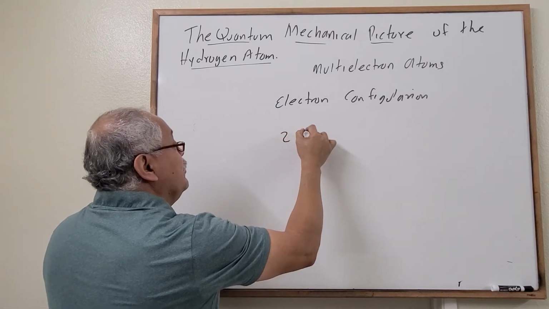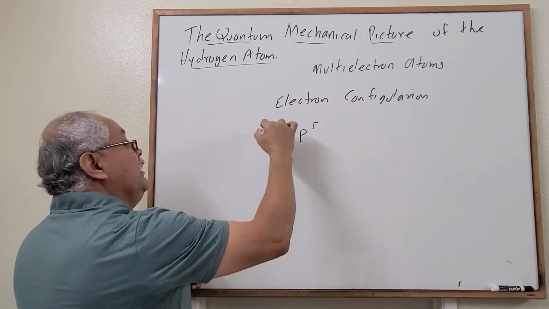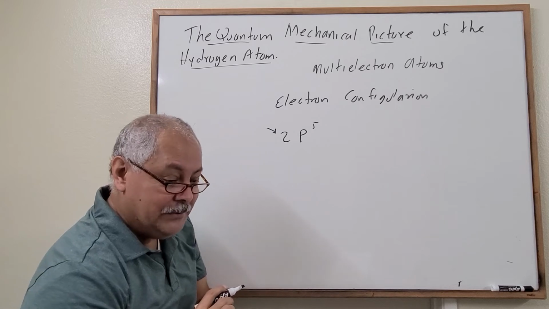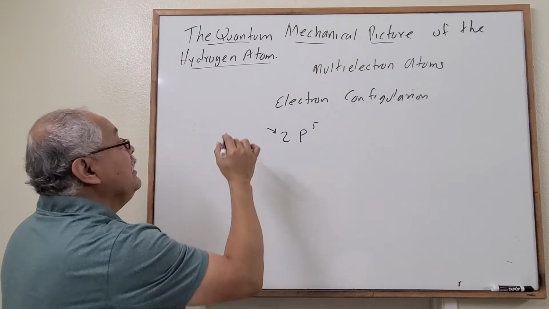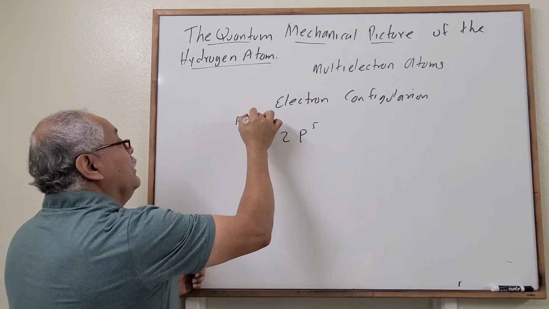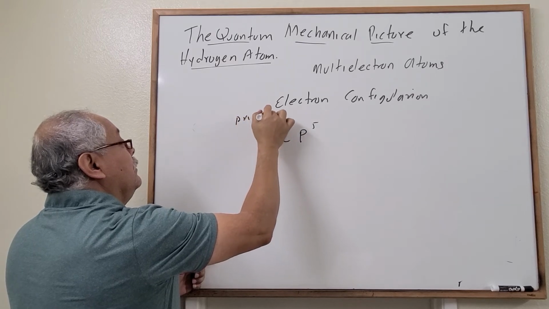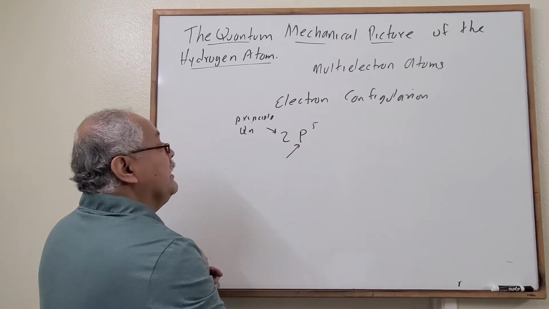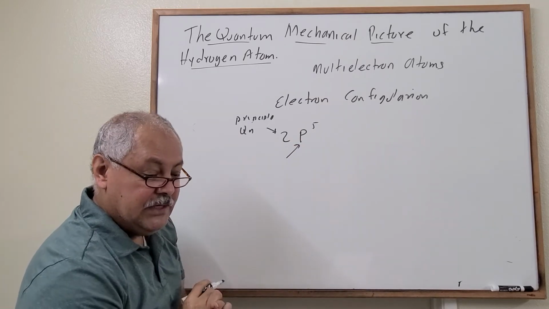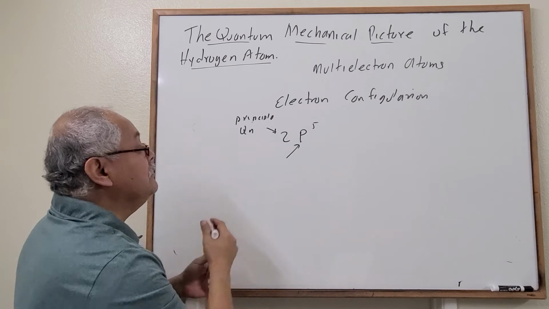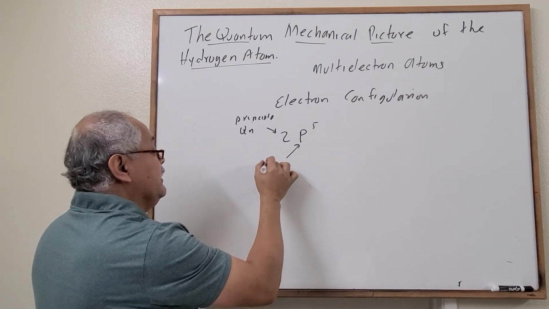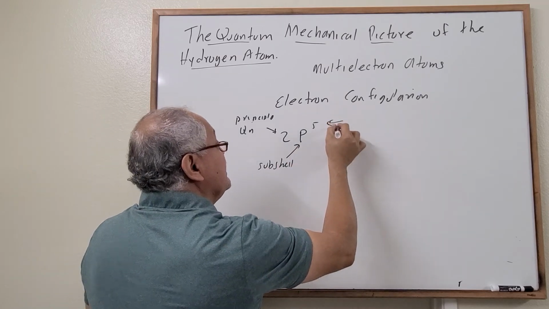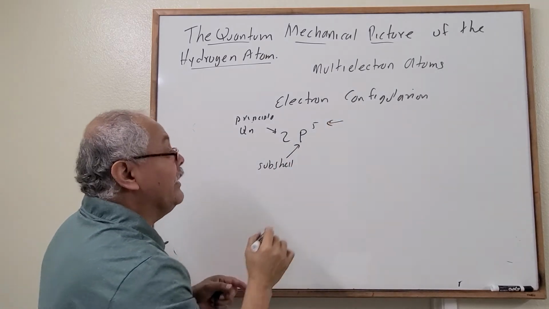We have 2p5. This number represents the principal quantum number. Okay, this is the principal quantum number, and this p symbol represents the subshell, or the orbit, and this represents the number of electrons, correct?